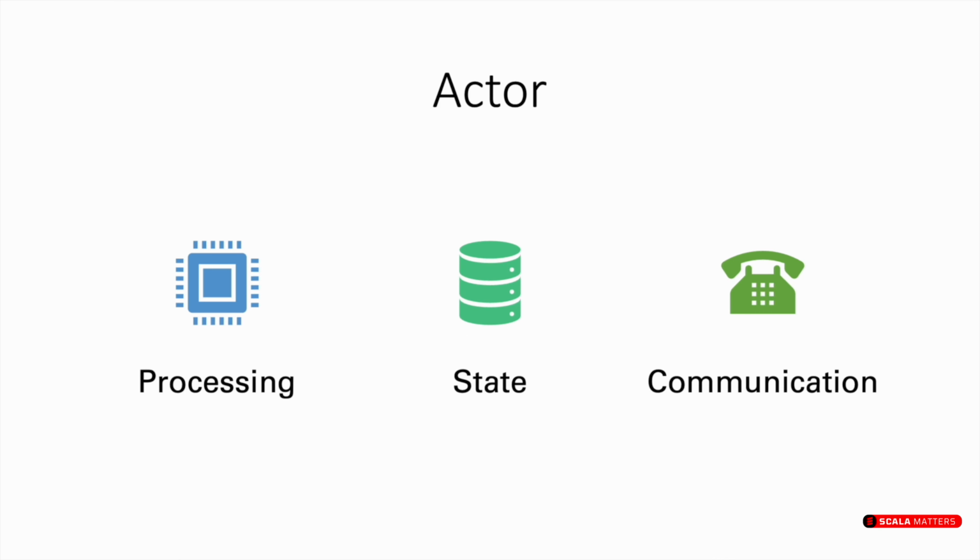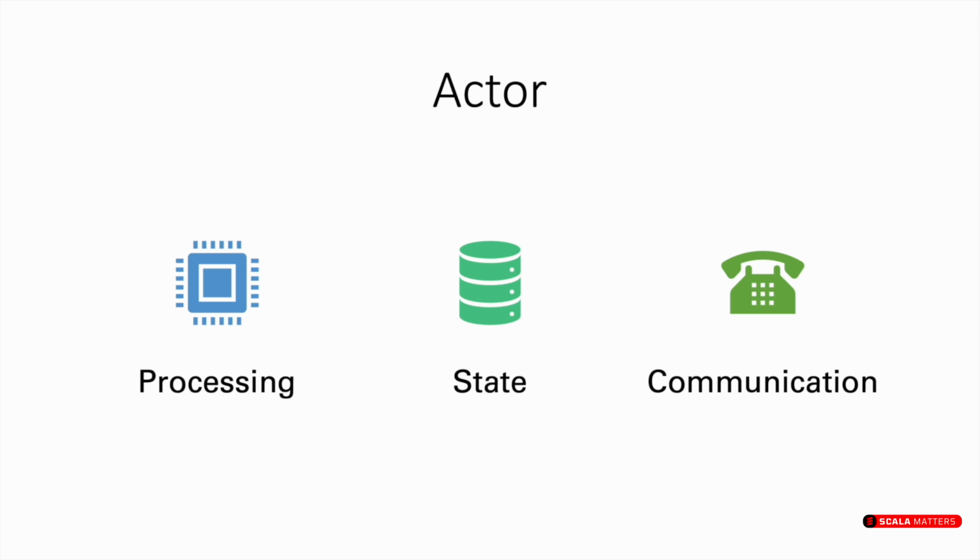Basically, an actor has three main characteristics. First one, processing. The actors can do computations. It can even create other actors. A state: it can have its own private state. Nobody can access its state.